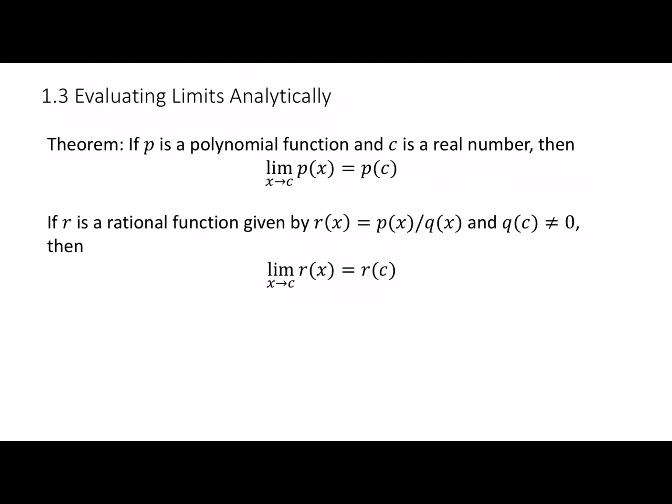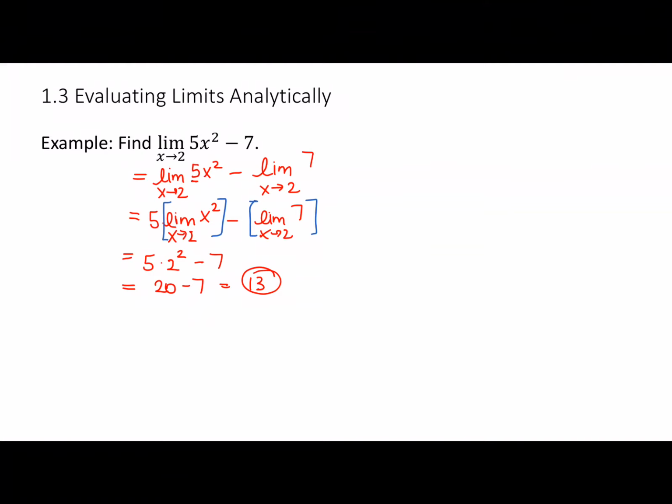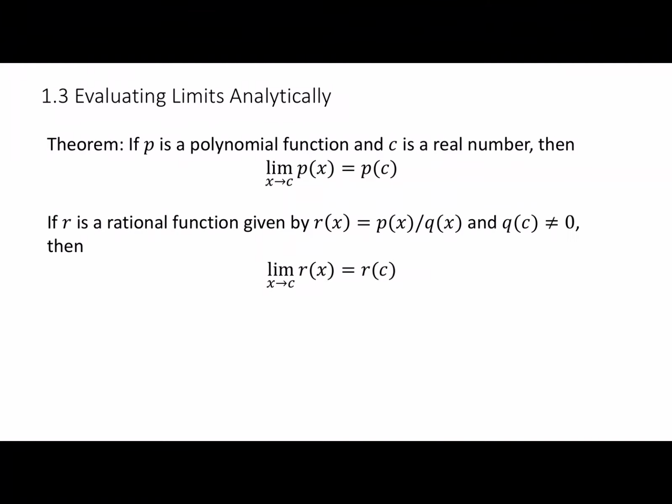All right, here's another fact that's going to be useful. If p is a polynomial function and c is a real number, so like our last example, 5x squared minus 7, that's a polynomial, then the limit as x approaches c of the polynomial is just p of c.